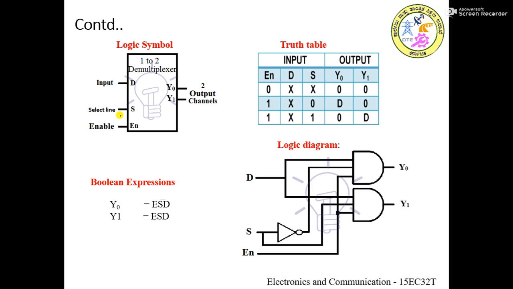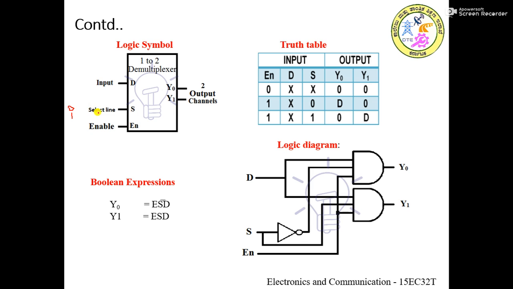Since there is only one select line here, I can have two possible values for the select line, that is it may be 0 or it may be 1. The content of the select line is used to decide which output line is to be selected.